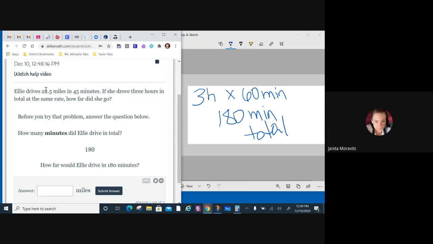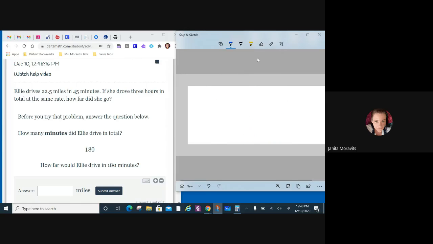Okay, well, we're going to need to clear this out right here. We've already got the 180 minutes. We know how we got that. We're going to erase that. Now, if she drove 22.5 miles in 45 minutes, we want to know how many miles she drove in 180 minutes.